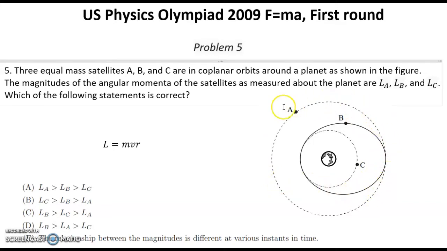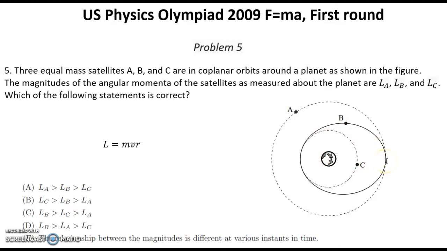So first satellite A, it has a circular orbit, and let's compare this angular momentum with the momentum of B satellite. In this point, satellite B has less velocity than satellite A and same radius vector.